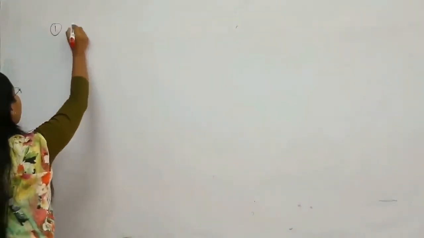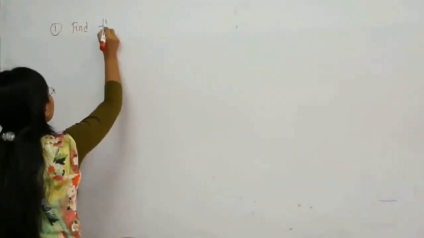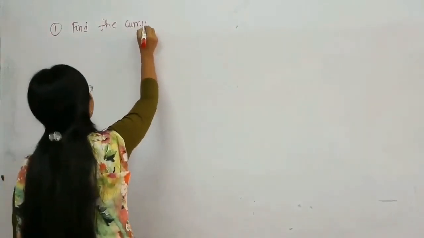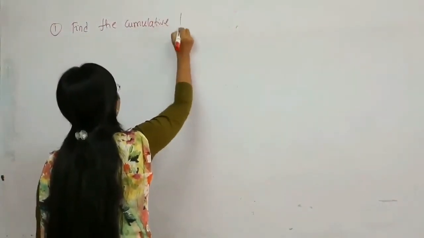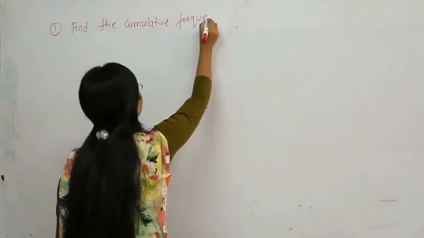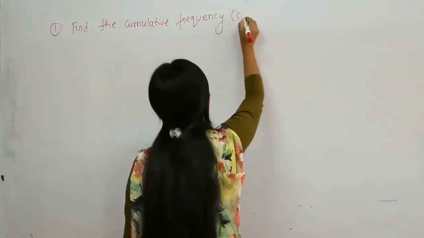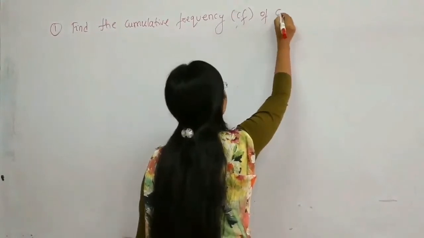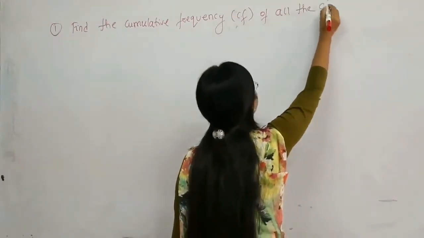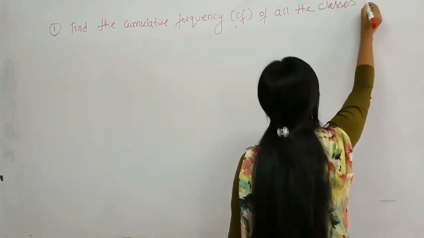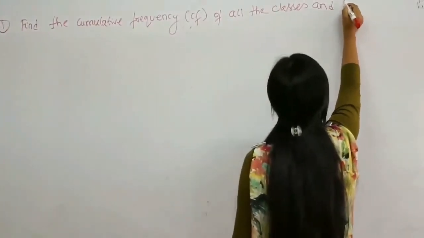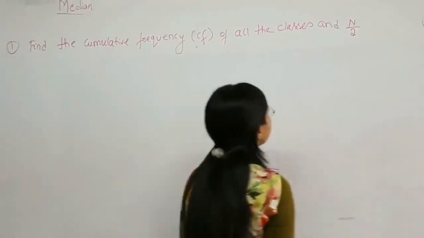The first step is to find the cumulative frequency, that is CF, of all the classes and n by 2.